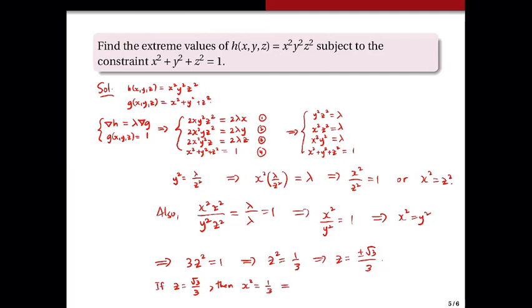So we will have x equals plus or minus square root of 3 over 3, and your y also will be plus or minus square root of 3 over 3. So there are two choices for x, two choices for y, two choices for z. So you will have 8 triples here.